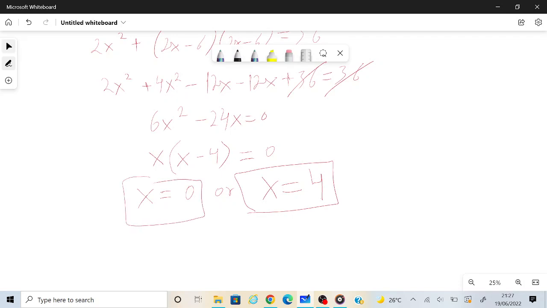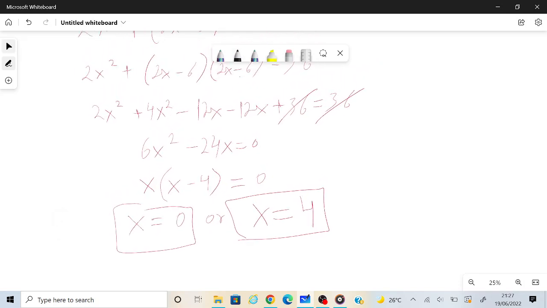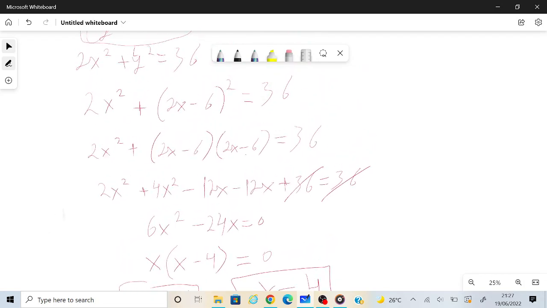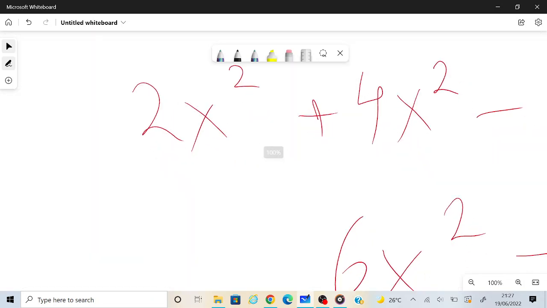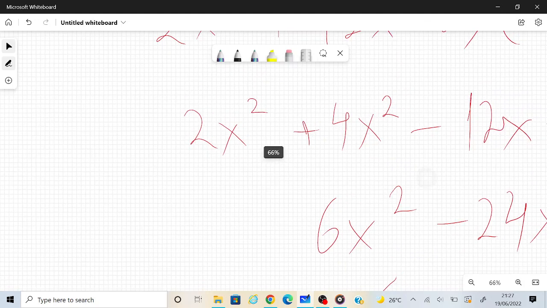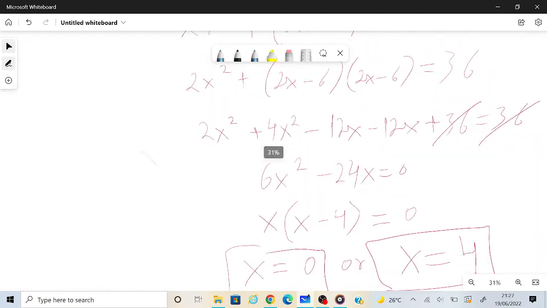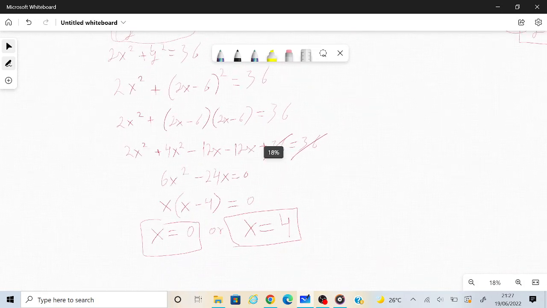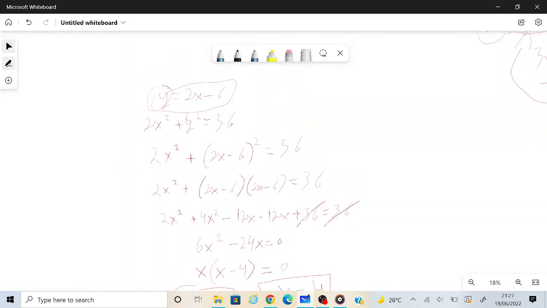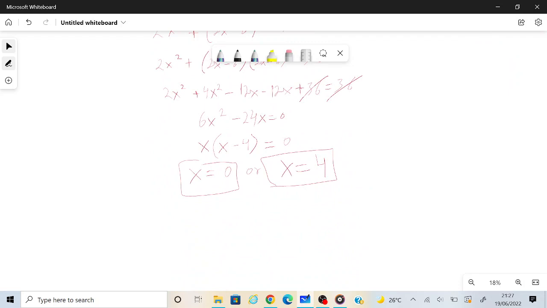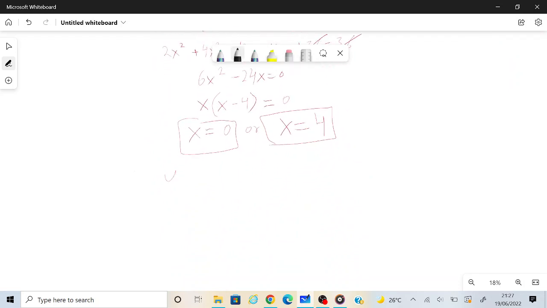Now for two x values, you are most likely to get two y values. So going back to the equation we had for y, the y equation was 2x minus 6. You just substitute there, so you have y. So when x is 0, y is 2 into 0 minus 6.